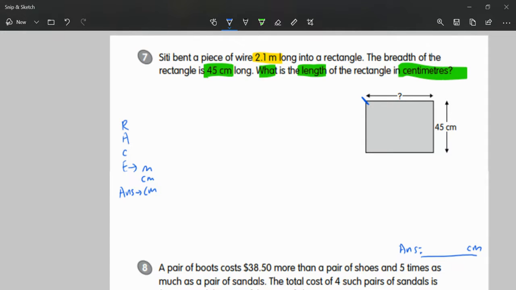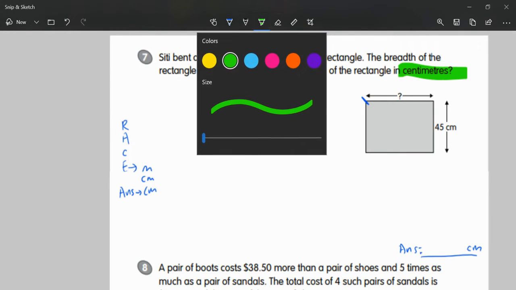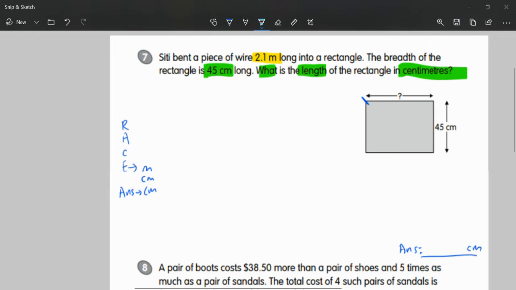Which means essentially that this wire has two long sides and two short sides. That's what a rectangle is, right? And the whole outline of this rectangle put out straight, that's the wire.